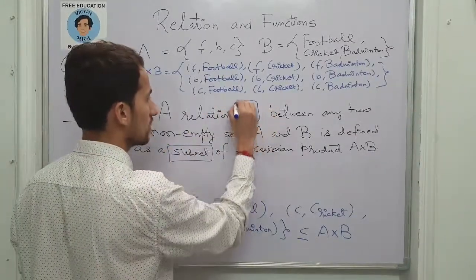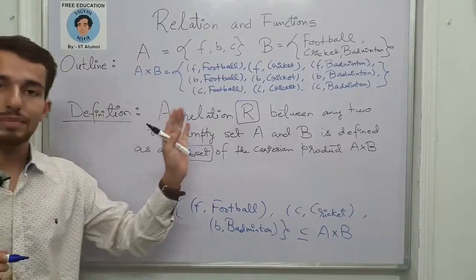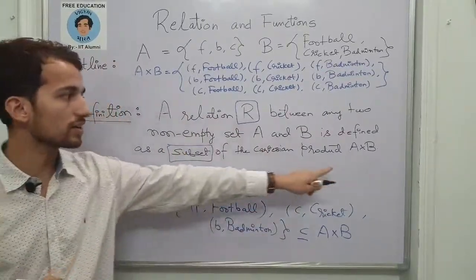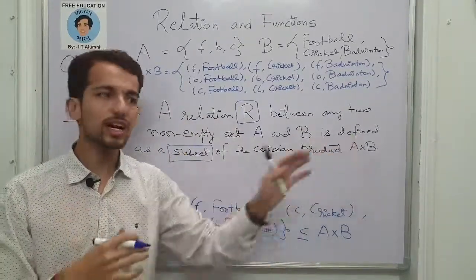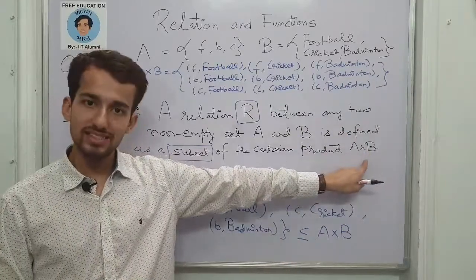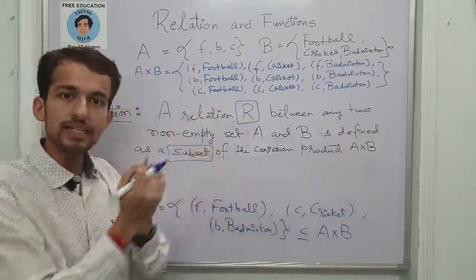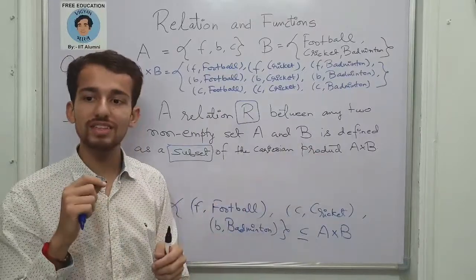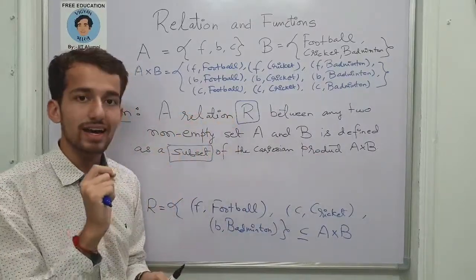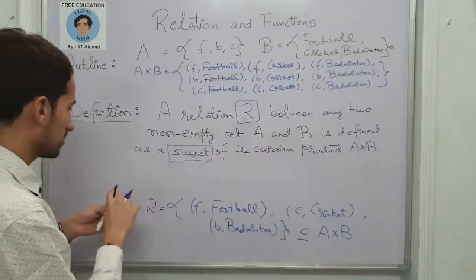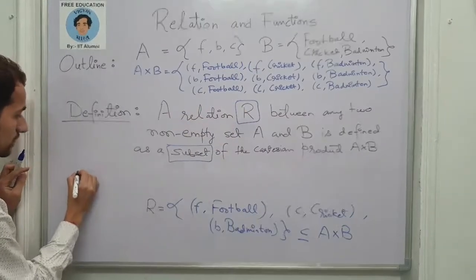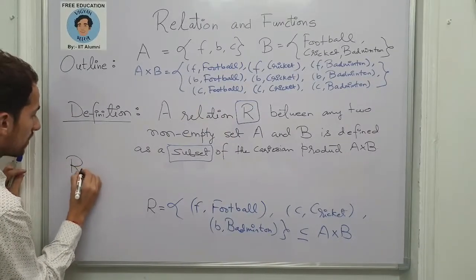A relation R between any two non-empty sets A and B is a subset of the Cartesian product. You first make this set and collect a subset out of this Cartesian product, and that set I'm calling capital R. Note here, there's a good remark.